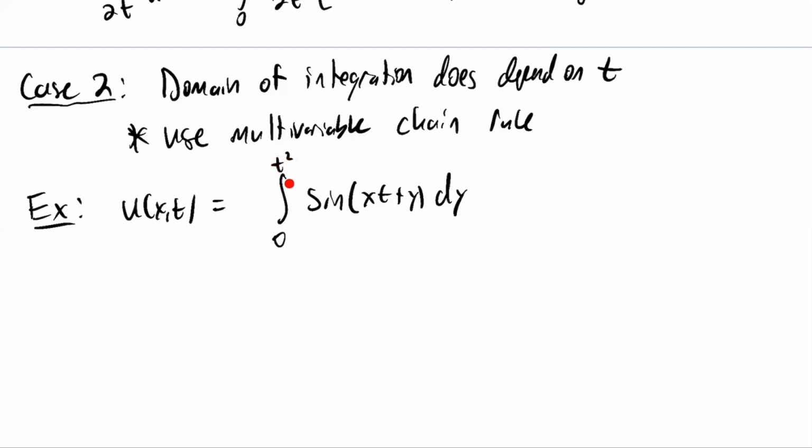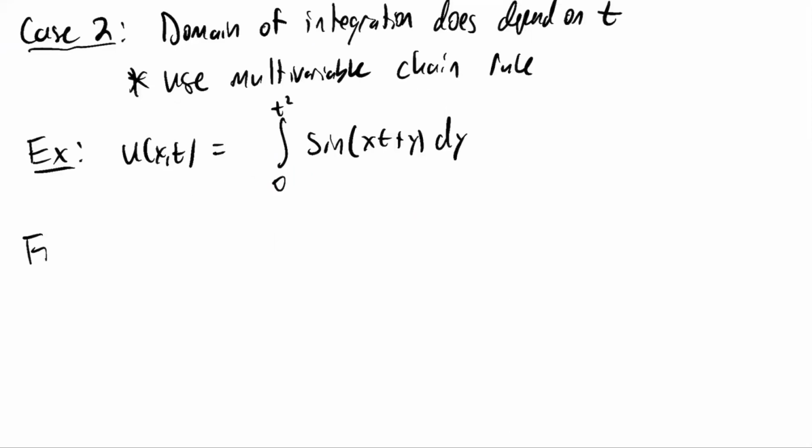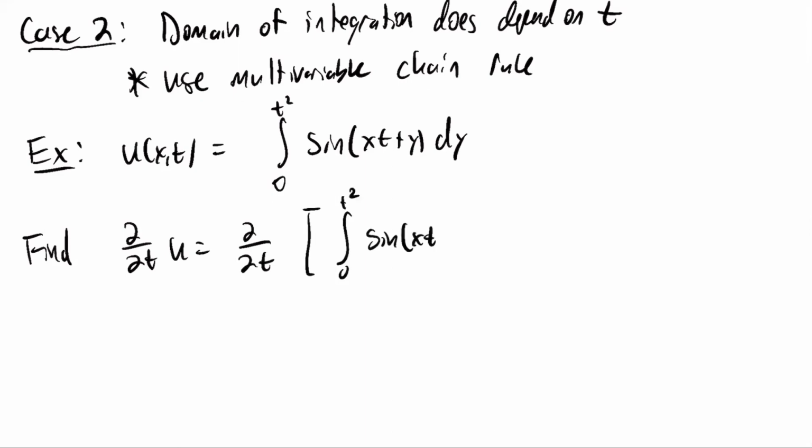And so the question is now, what is the derivative with respect to t of u? What is the derivative with respect to t of this expression here? Again, the big problem is that I'm taking the derivative with respect to t, but I have a t up here. So how do you make sense of this?